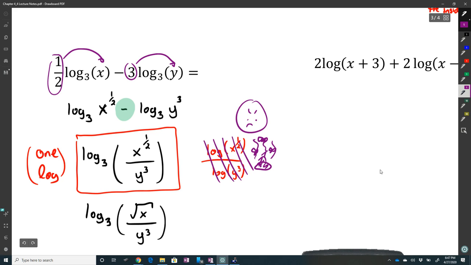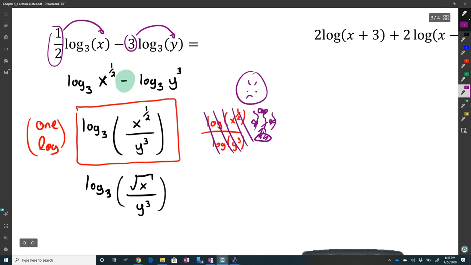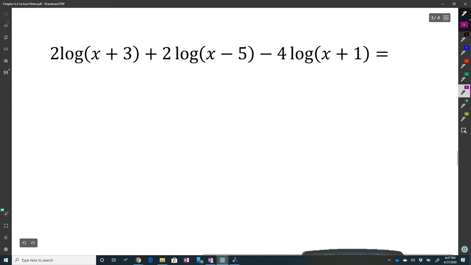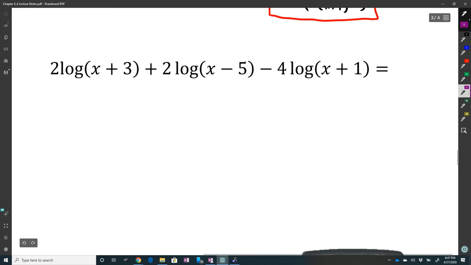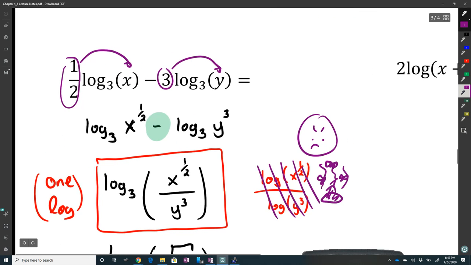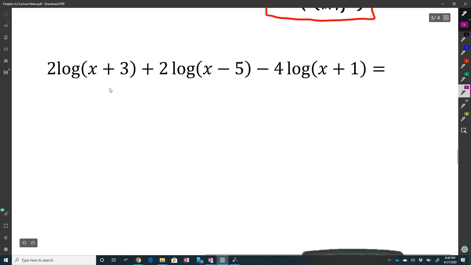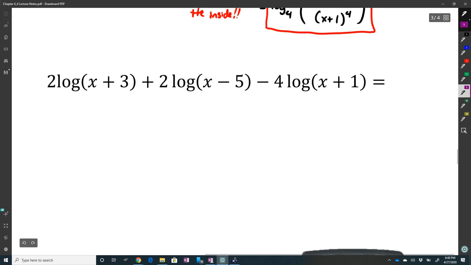All right. So next one. I have, remember, this is the same type of problem as this other one. If you look inside each log, the main idea is addition and subtraction, so there's nothing you can do. So really all we're doing here is making all these coefficients exponents.